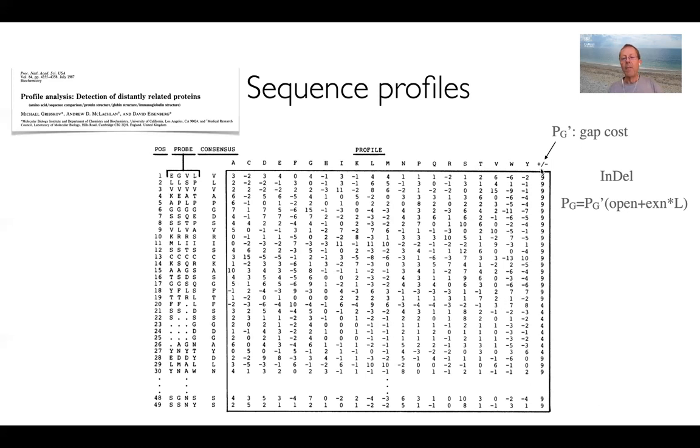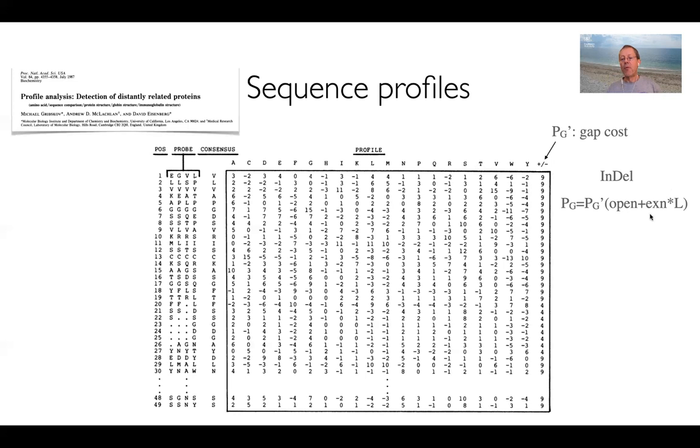But notice here, what they've done is they've added a final column to the matrix, and this includes or specifies a gap cost. So what they've done here is essentially to define a gap cost, and you remember this from the basic sequence alignment lecture, that gap costs can be modeled.